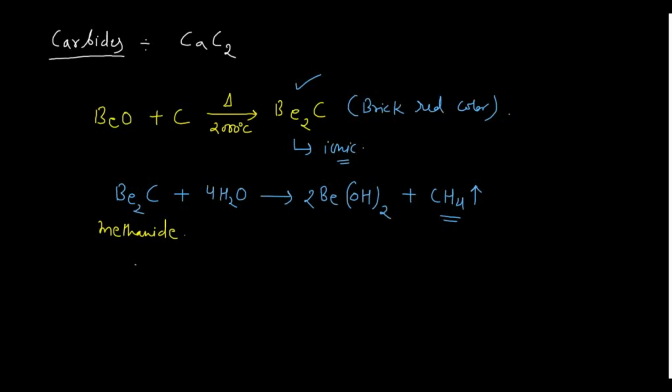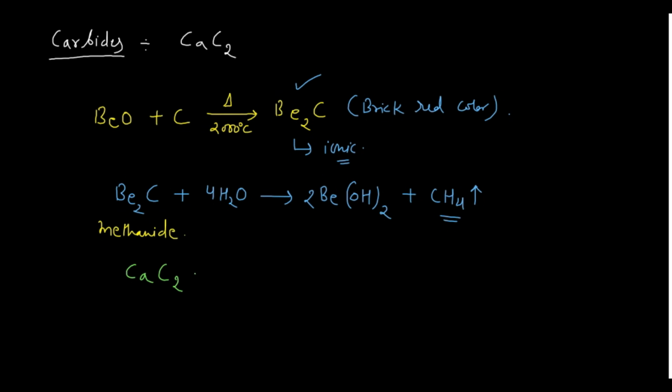Apart from this beryllium carbide, you may also think about your calcium carbide, which is again very important in various applications, right? Say, for example, you are having this calcium carbide, CaC2. Why is this compound important?